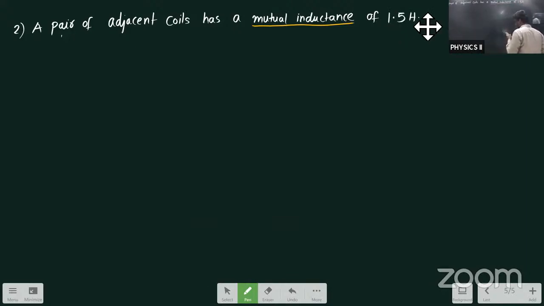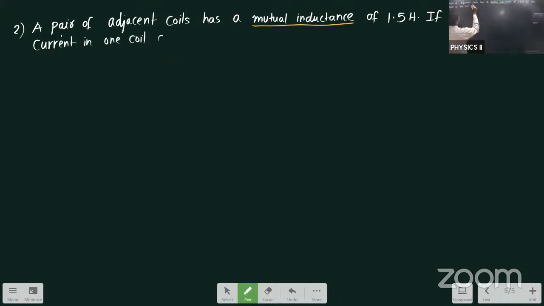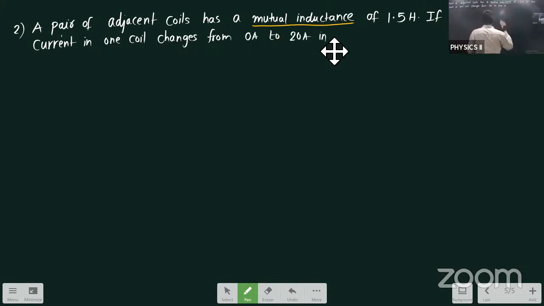What is the next thing he has given? If the current in one coil changes from 0 amperes to 20 amperes in 0.5 seconds.